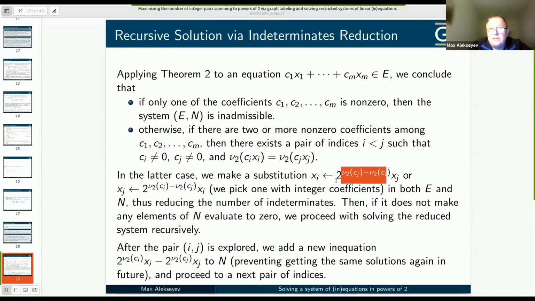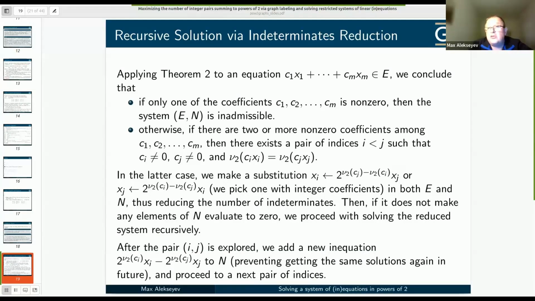So I want this coefficient, 2 to the power of the difference of valuations, to be an integer. One of them will be an integer for sure, and we pick that one. So we make this substitution in every element of E and in every element of N.